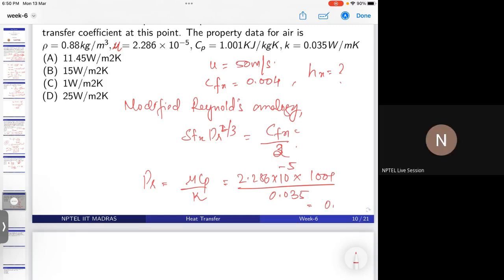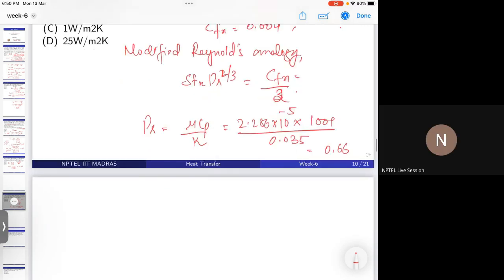Yeah. So Stanton number, last time I already defined what is Stanton number. I hope you remember. What is the Stanton number?